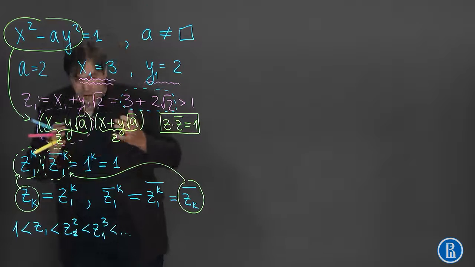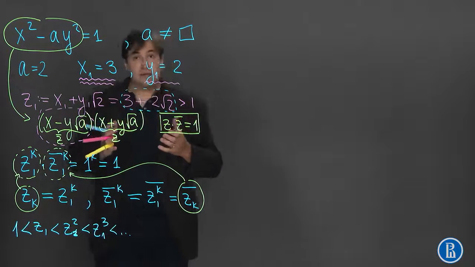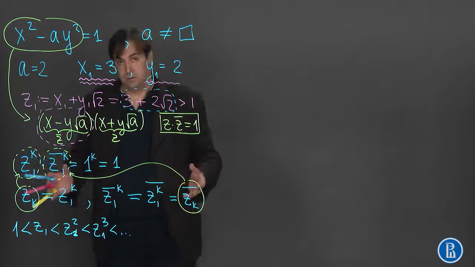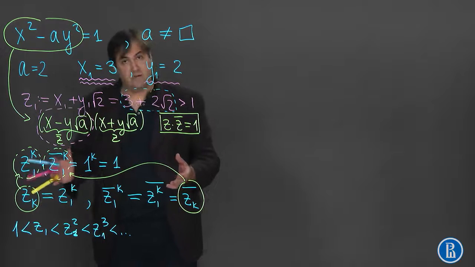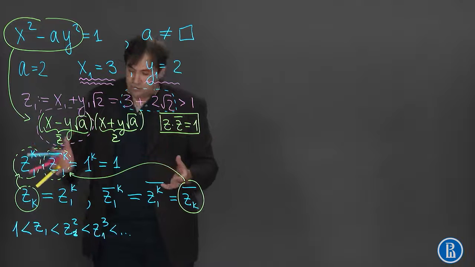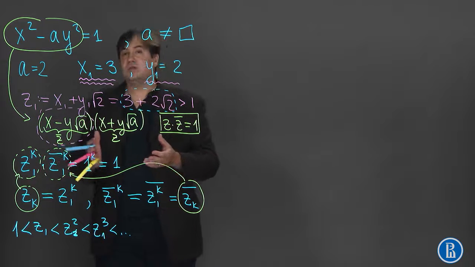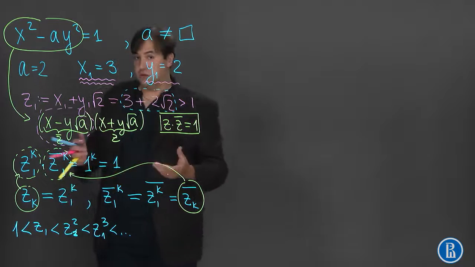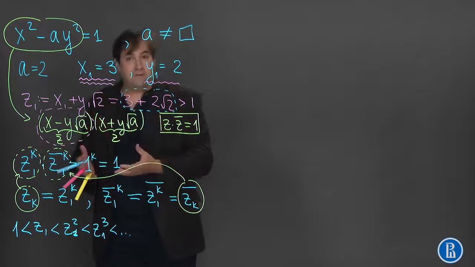And the question I would like to discuss now is whether these are all solutions of the Pell's equation or not. Certainly there are solutions of the Pell's equation that are less than 1. Certainly there are solutions of the Pell's equation that are negative.